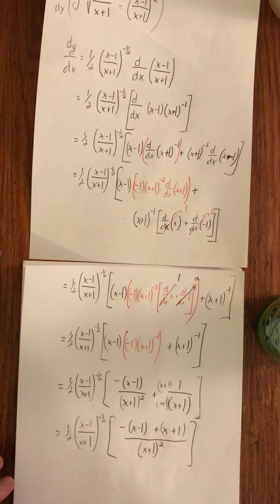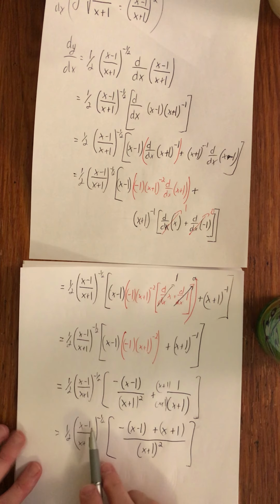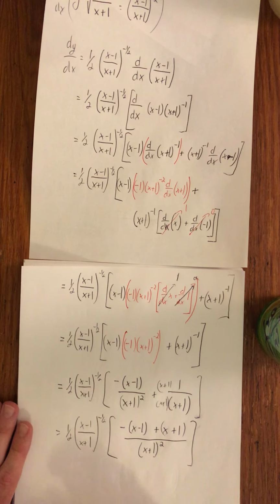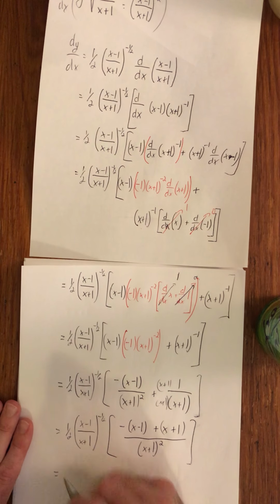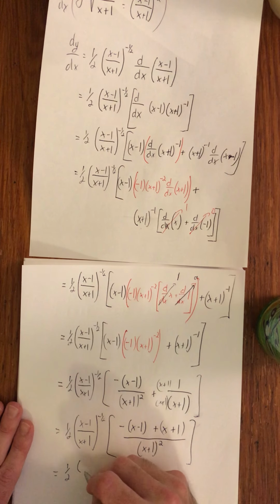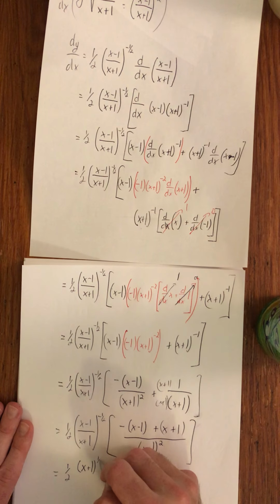So now let's see what that does. Well, that's sort of a weird expression there, because the negative exponent here flips things around. So let's just distribute that so we can see it. I've got 1/2, and I've got x plus 1 to the 1/2, right?